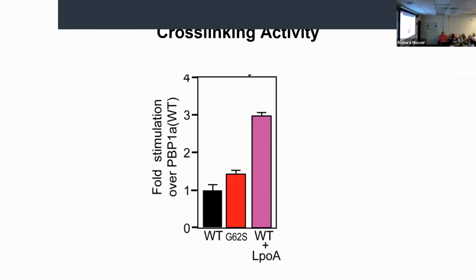And what we found was that the G62S mutation provided a modest but significant increase in cross-linking activity over wild type, although it did not approach the cross-linking activity of wild type plus lipo-A, which might explain why this mutation was only able to keep the cells alive when it was overexpressed, when there was more of the mutant PBP1A than would normally be in the cell.